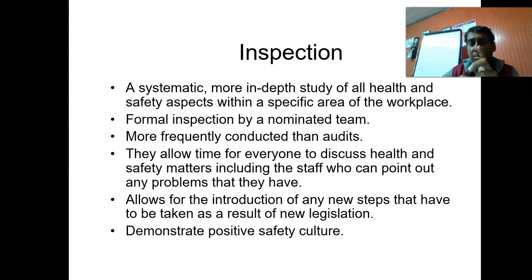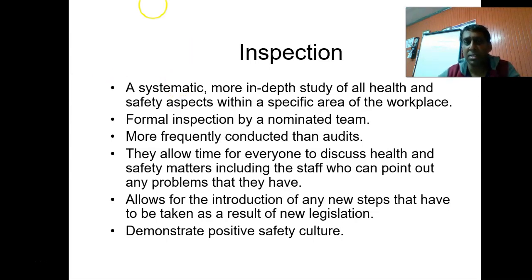But if you are just inspecting the forklift for day-to-day activity, you could be looking at things like the condition of the tires, the fluid levels, lights, brakes, the function of the seat belt, and the condition of the driver's seat. So an inspection would look at one aspect, whereas an audit would look at the whole system of work equipment, not just forklifts, but maybe all of the work equipment.